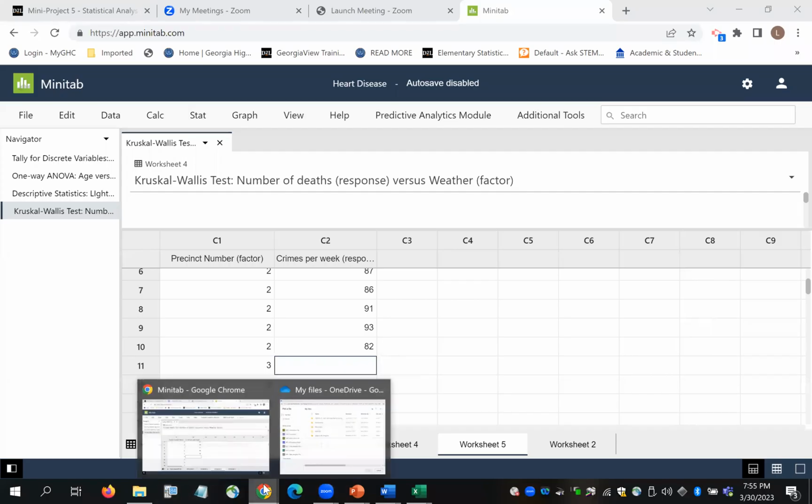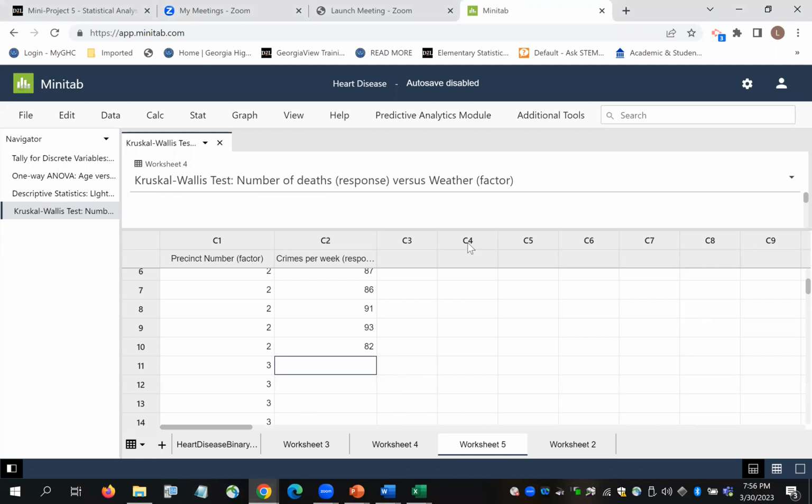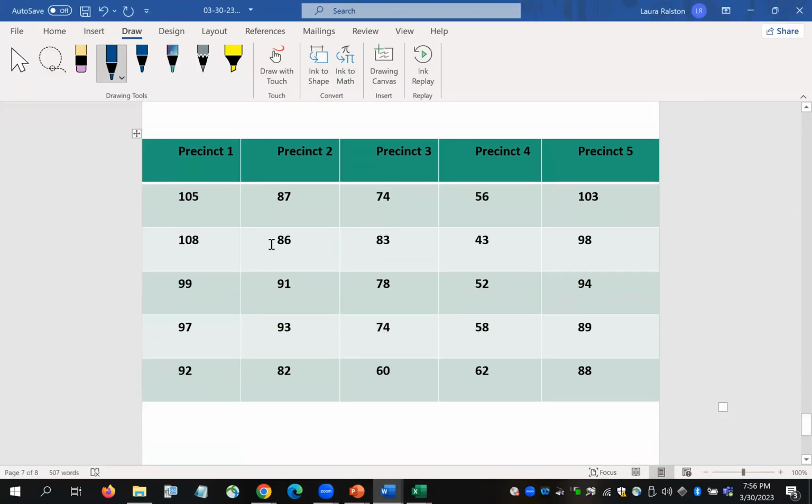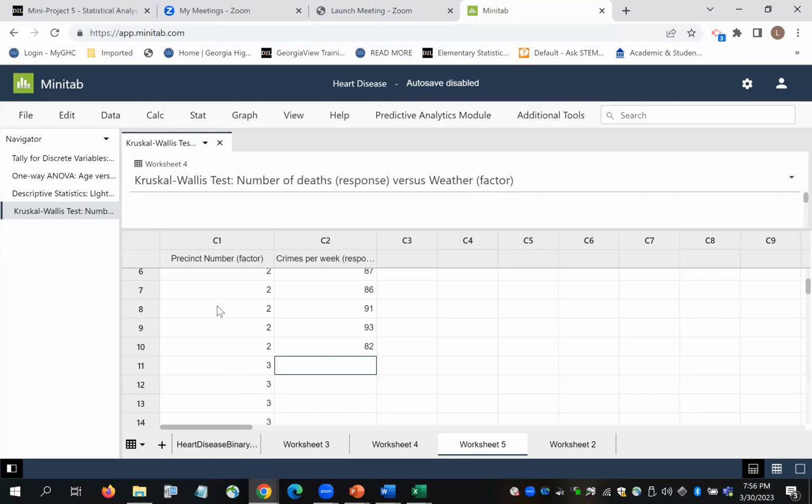Hold on, I'll go back to it for you. Those numbers are given to you in the table with the problem. In the table, they're side by side in individual columns, and I'm taking those columns and stacking them. So I'm going to type 105, 108, 99, 97, 92, and then I'm going to do precinct 2. Think about it almost like color coding.